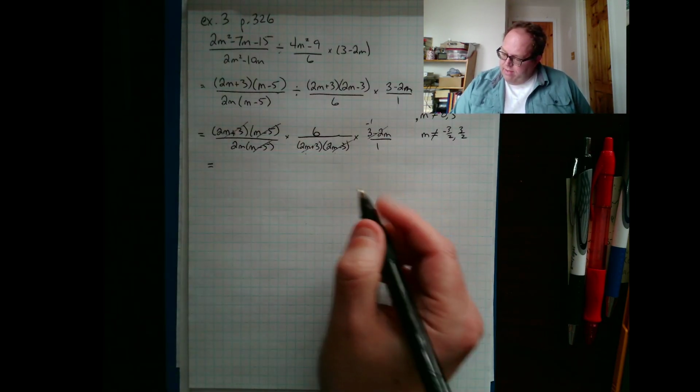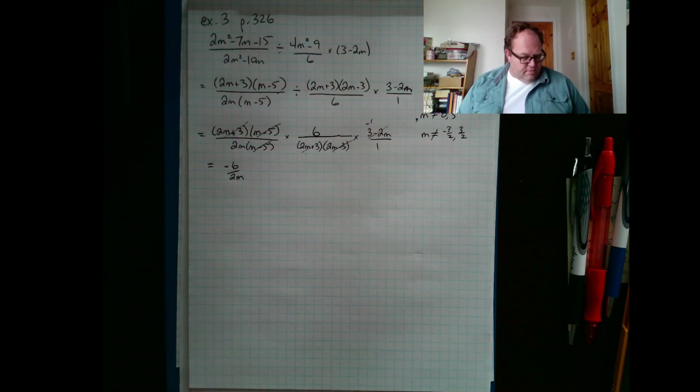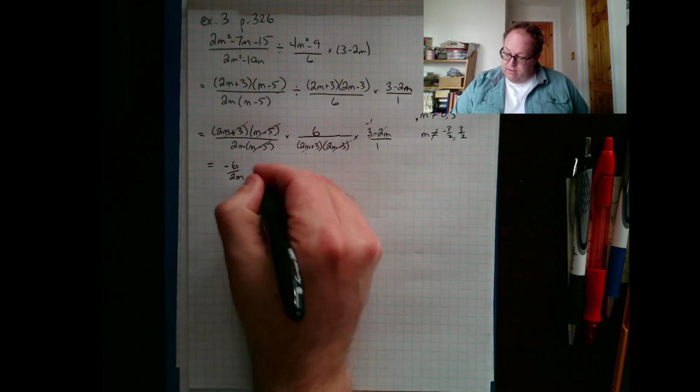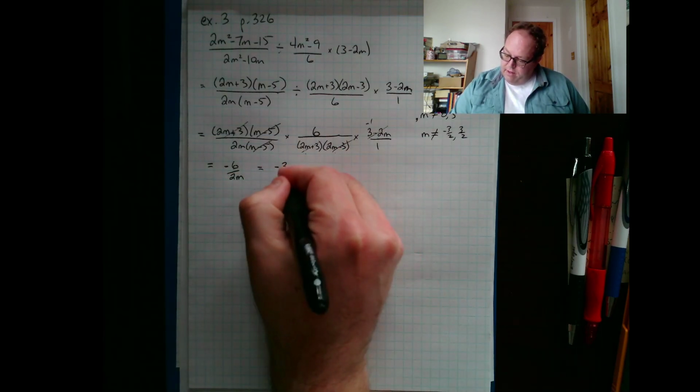So then out of all that, I end up with negative 6 over 2m. 6 over 2 can easily simplify to 3 over 1, so this whole thing becomes negative 3 over m.